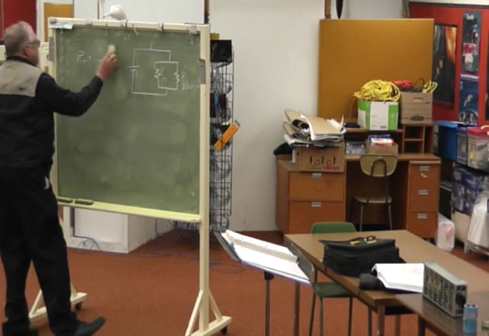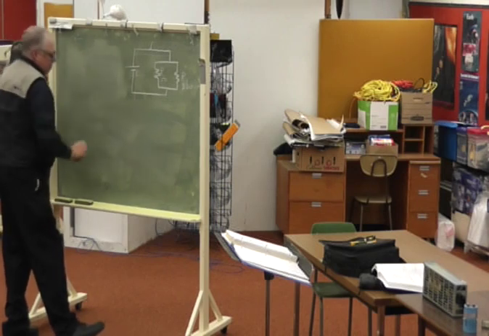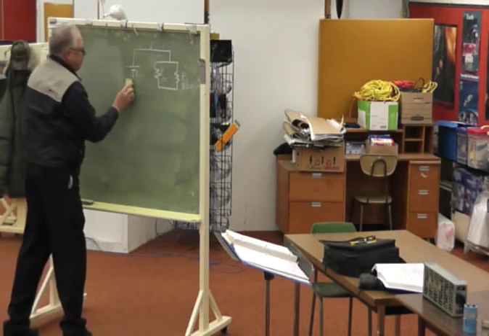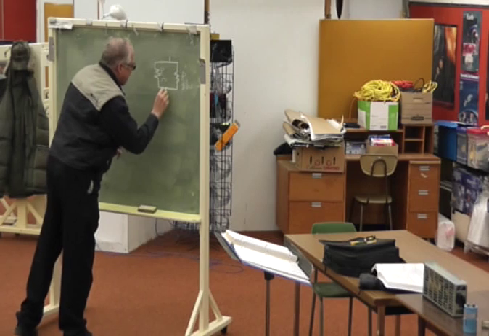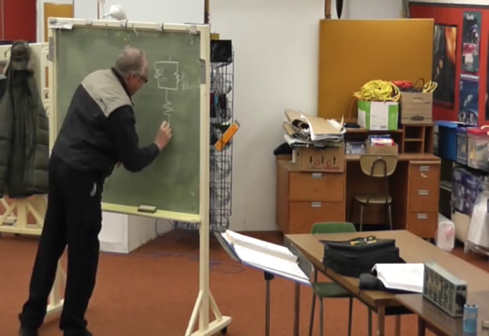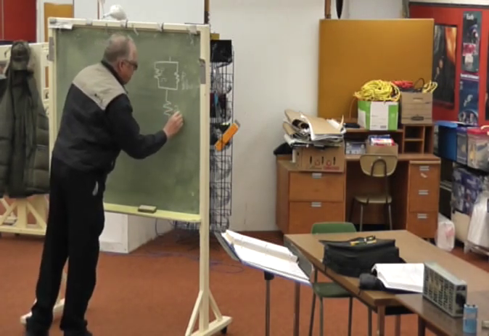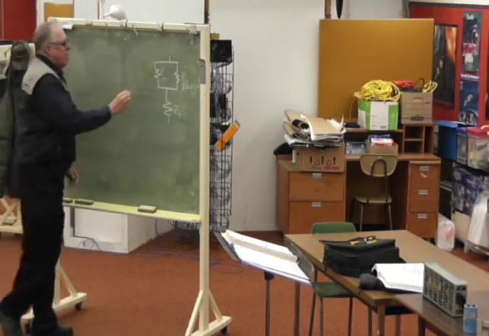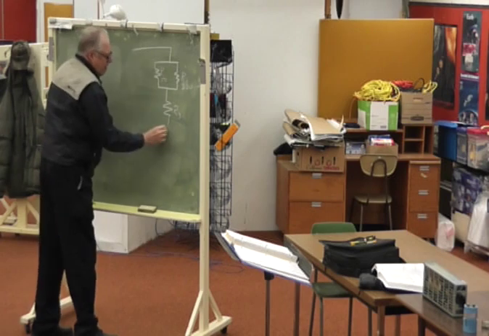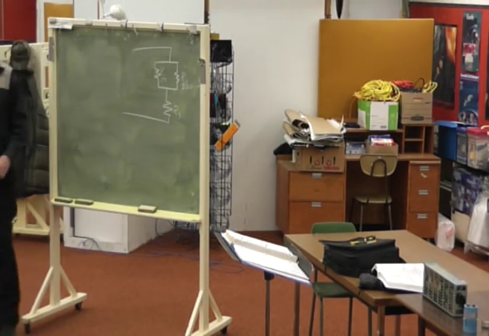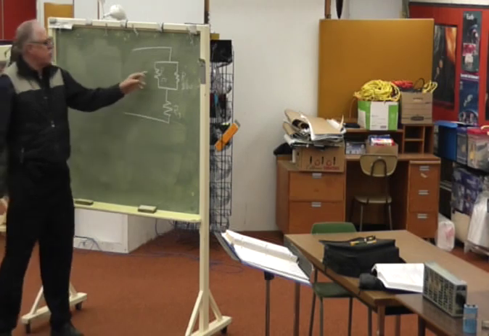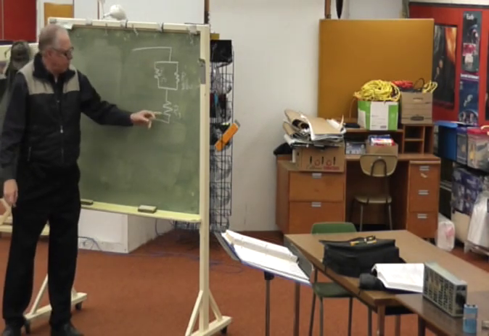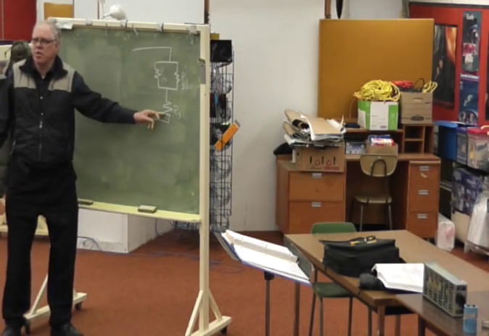Gonna make it a little messier yet, but we're not gonna waste a whole lot of time. If I had resistors like that, I've got two in parallel, and then they both feed into another one in series with the pair.